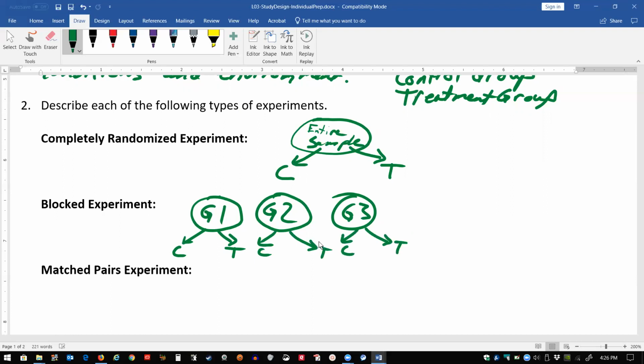And that essentially makes sure that each of those groups are represented appropriately in both the control and the treatment. All right, and how you break them up into groups will depend on your research question.